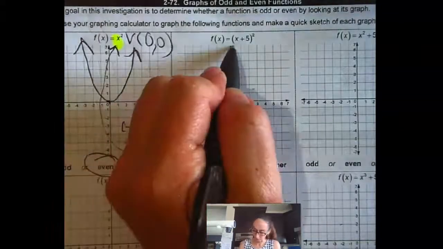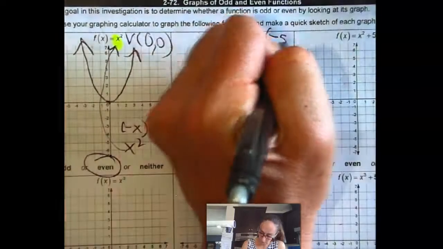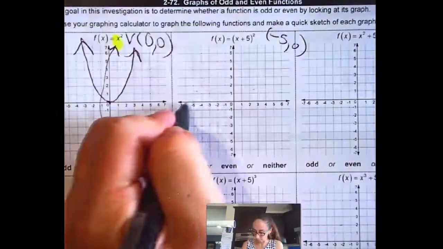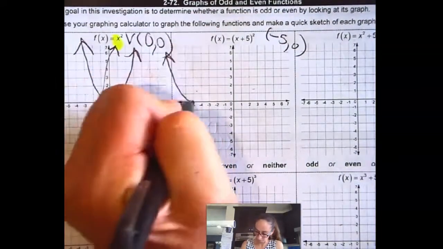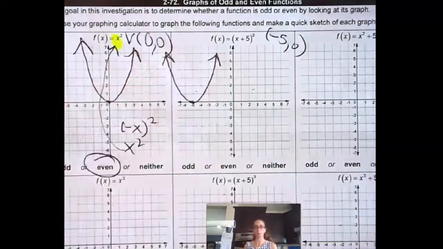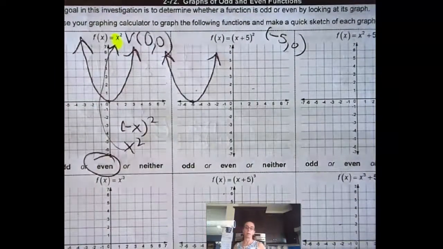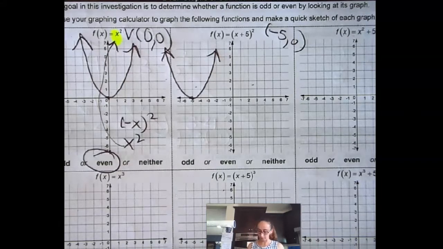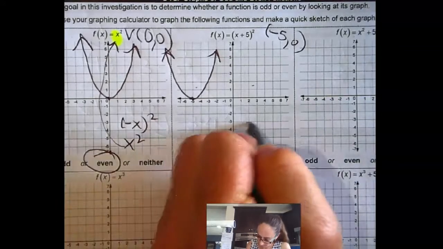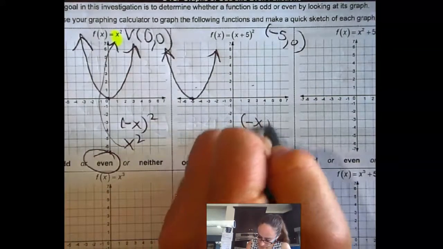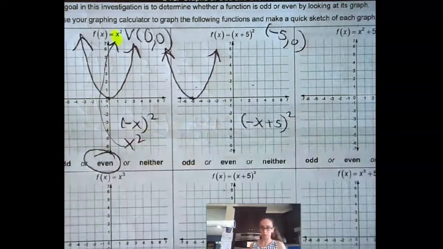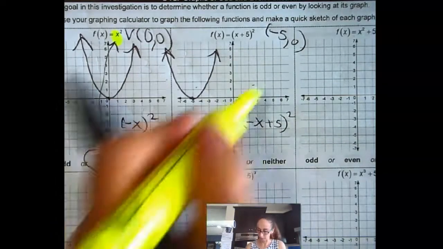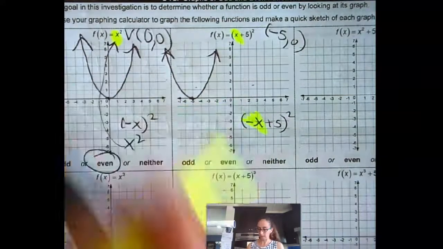Let me graph this one. First, what's the vertex? Negative 5, 0. Do the opposite. Okay. Now, this one's a little bit more confusing, so we might just have to multiply that. We'll figure it out. Okay. If I plug in negative x, okay, so now I'm plugging in negative x to that, and I simplify it.